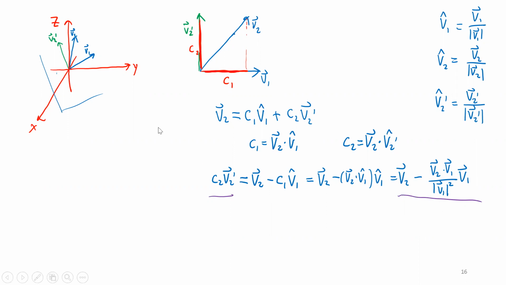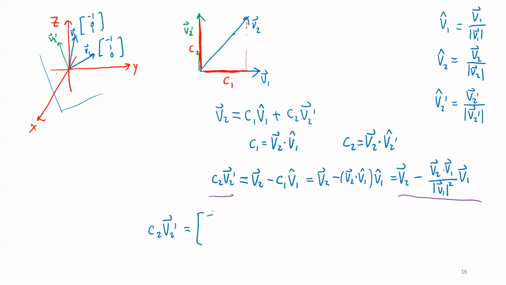So now if we go back to our problem, putting in the two vectors, this V1 is, as I mentioned, -1, 1, 0, and this V2 is -1, 0, 1. Putting these two into this formula, you will be able to find that this V2 prime is given by, what is V2?